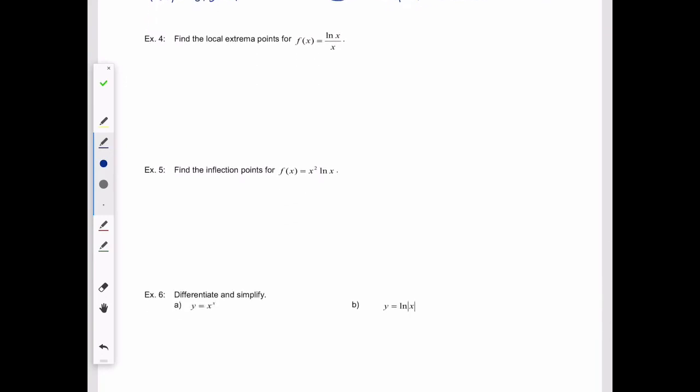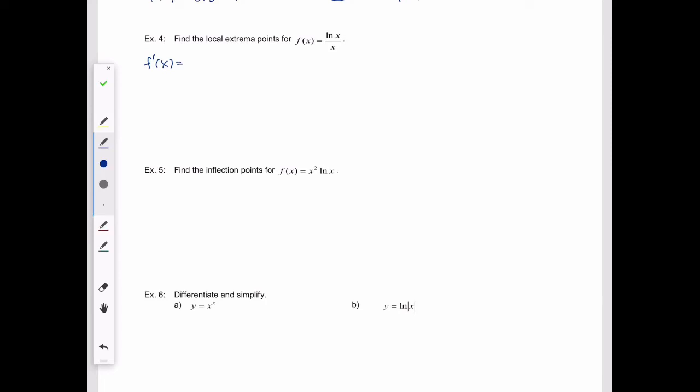For question number 4, it says find the local extreme points for f of x, which is equal to ln of x over x. To find the extreme, we want to find the maxes or mins, or critical points. We have to take its derivative, so let's do that.